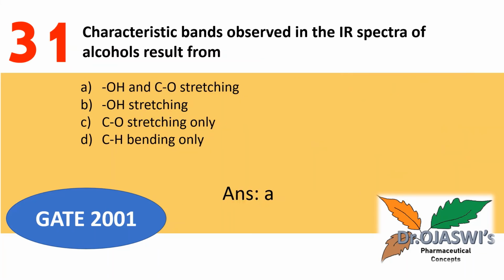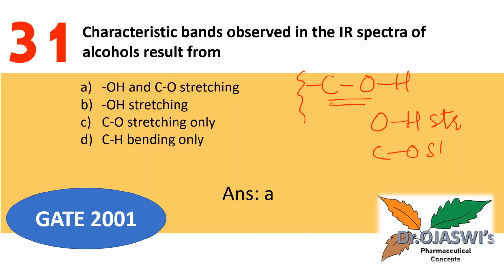Characteristic bands observed in the IR spectra of alcohols result from... So when I say alcohol, on this side it has carbon and the rest of the structure. So we can have a peak of OH stretching, we can have a peak of CO stretching also.